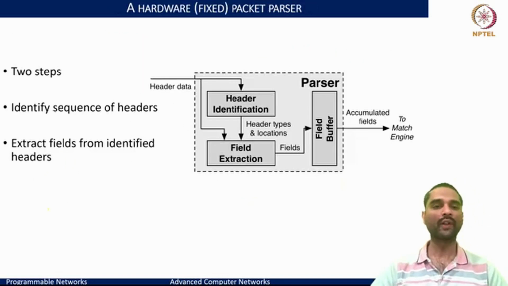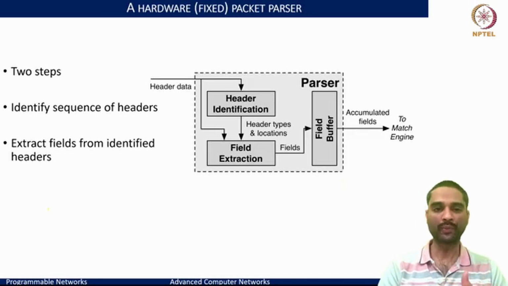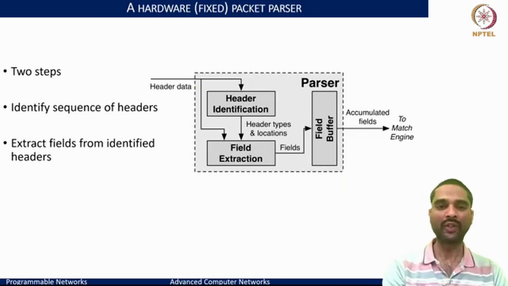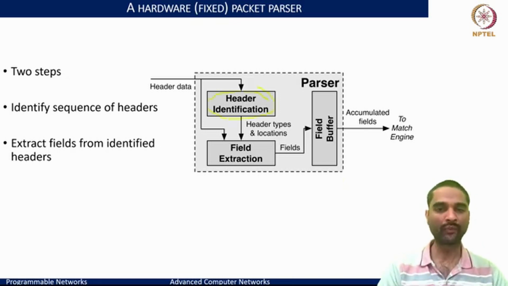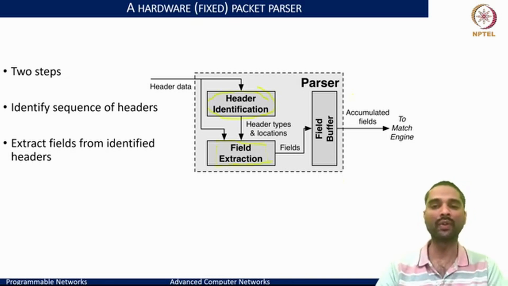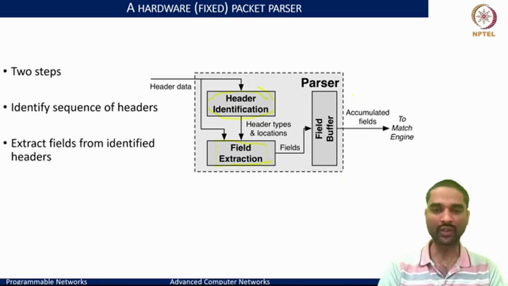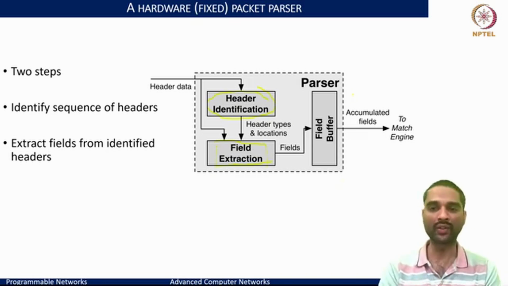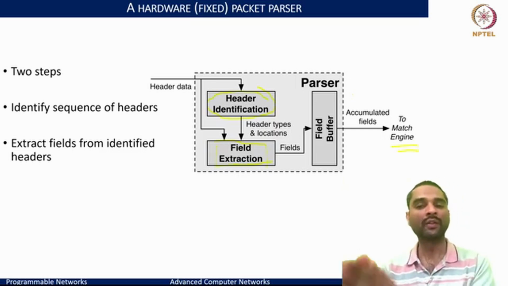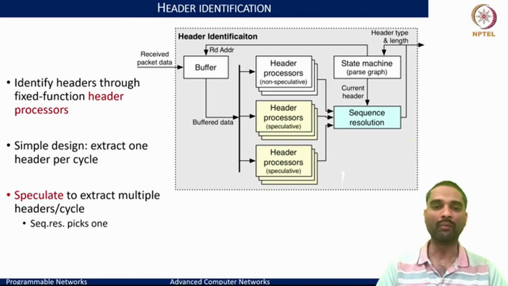More generally, this parsing happens in basically two steps. First, as we get the header data, you identify the header information. And second, you extract the associated fields that you would want to look up and add them to the field buffer. Every time there is an addition of these headers that you match, you would then add the corresponding actions in the bucket.